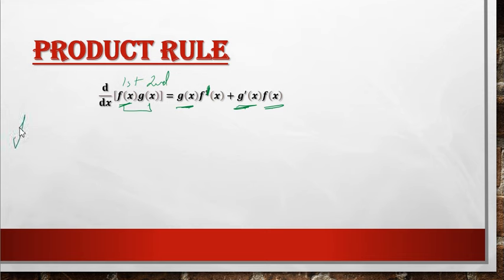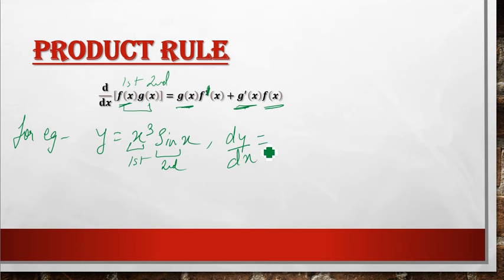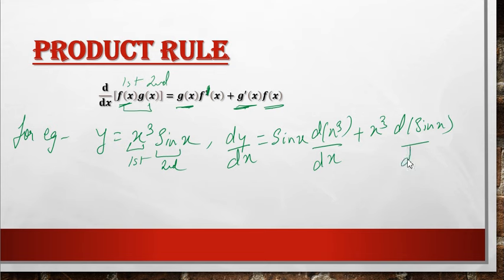For example, let's take an example where it is given that y equals x cube sin x. So let us take x cube as the first function and sin x as the second one. So if we differentiate, dy by dx, what we are getting, first we will put sin x because we need to differentiate x cube first. So d(x cube) by dx plus x cube d(sin x) by dx.